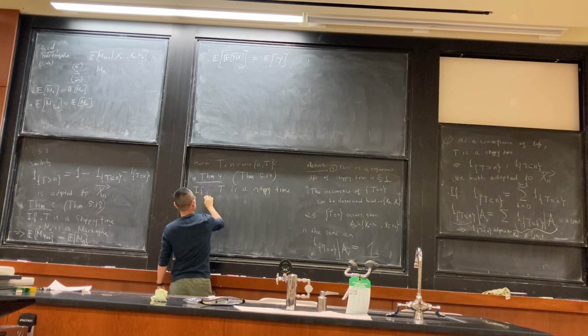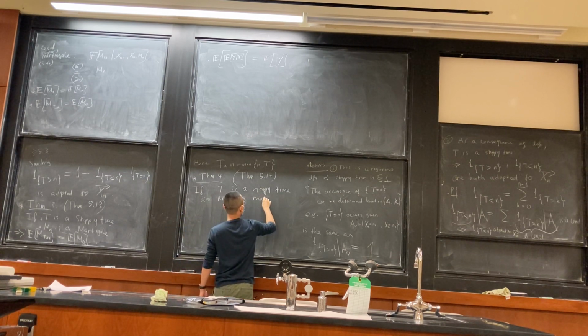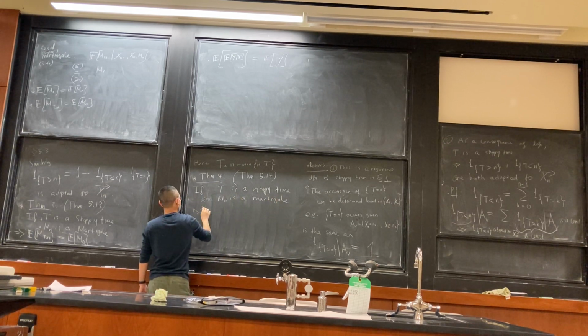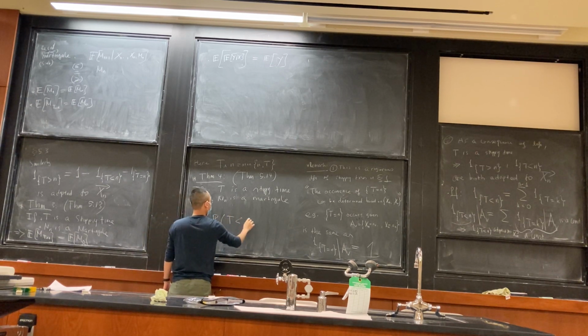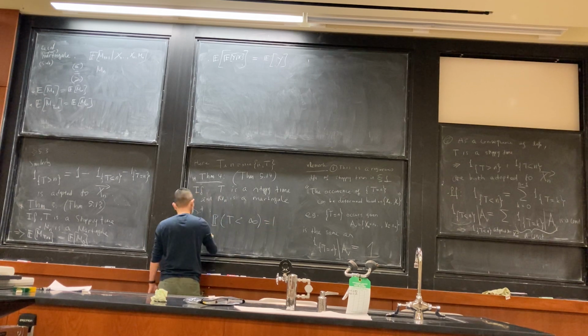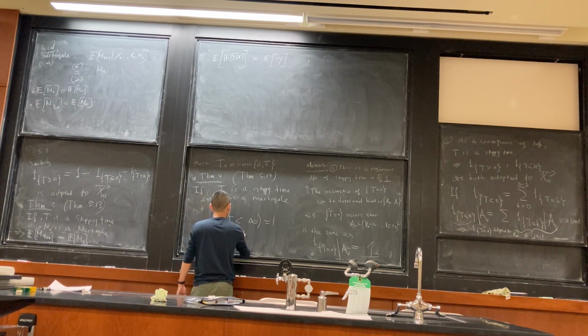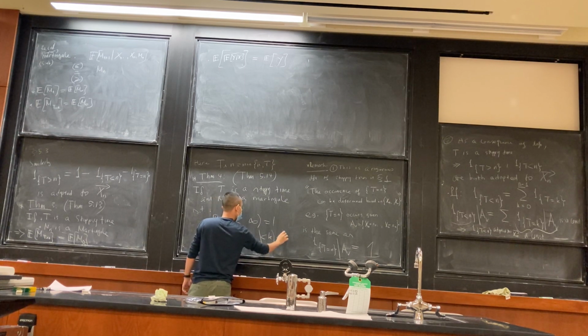and M_n is a martingale, just that we have the following. I know T is finite for sure, and I know there exists a fixed constant K such that I know that |M_{T∧n}| is less than K. So this is also for sure.